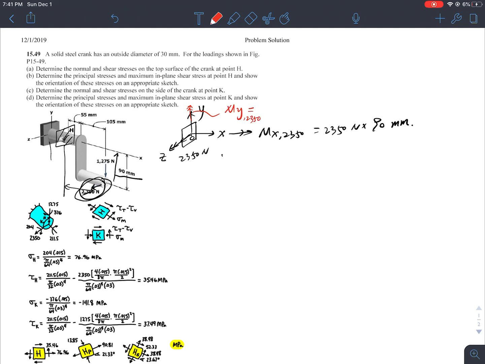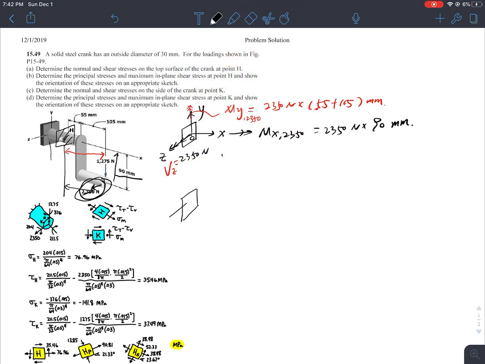My equals 2350 Newton multiplied by the distance here, which is 50 plus 105 millimeter. Okay, and of course I have my shear Vz equal to 2350 Newton. So that's how much external force I have from the 2350 Newton.